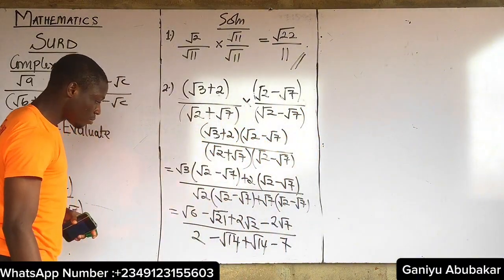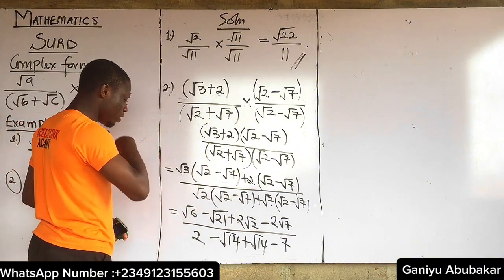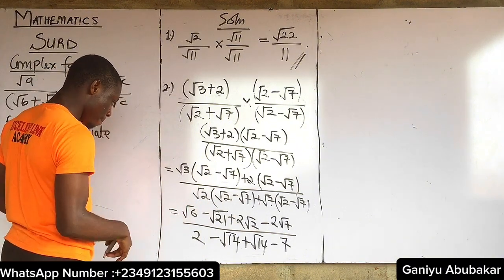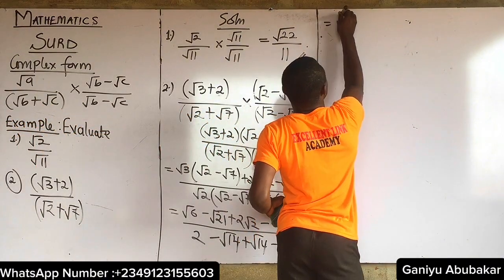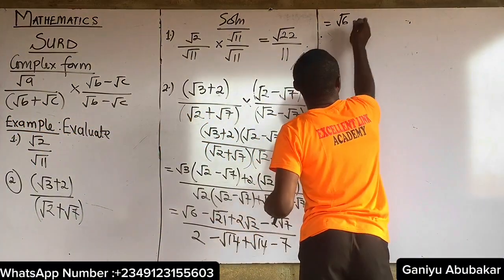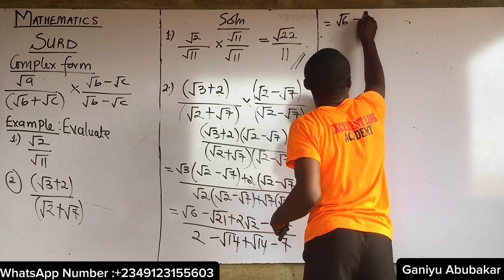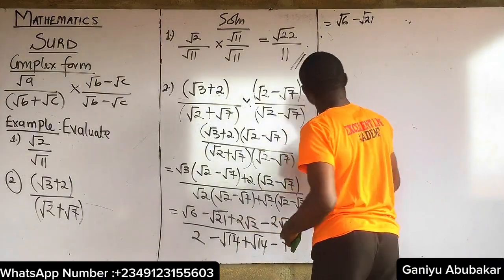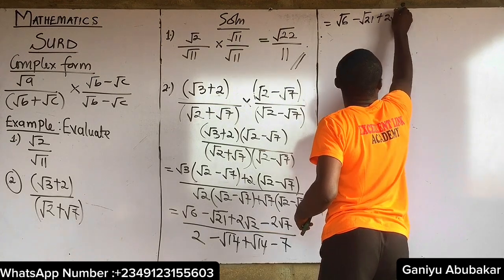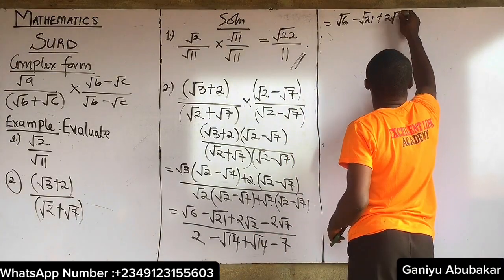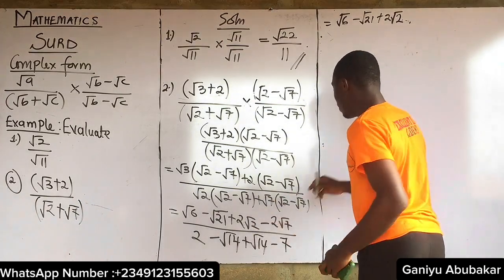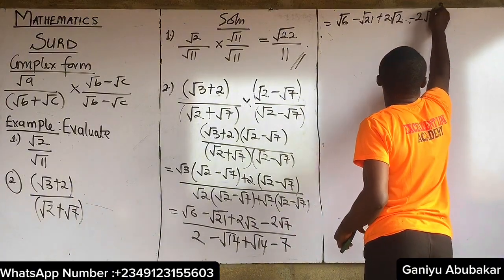Alright, at this point here, I'm having root 6, root 6 minus root 21. Next up, plus 2 root 2, this one here, minus 2 root 7.